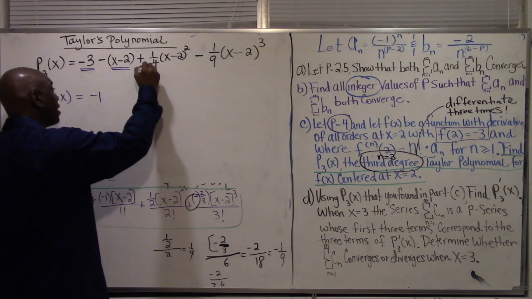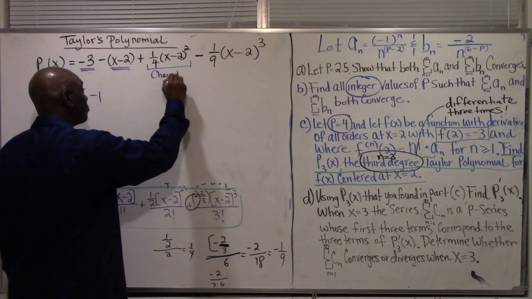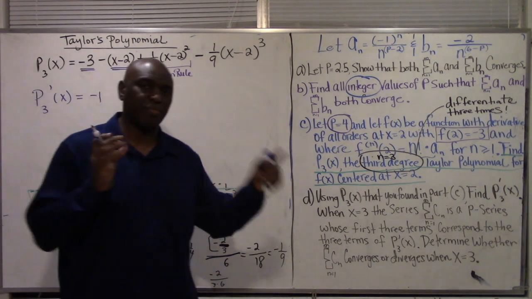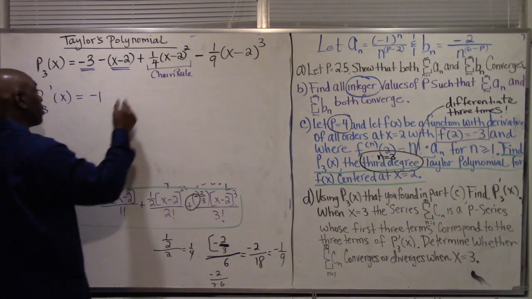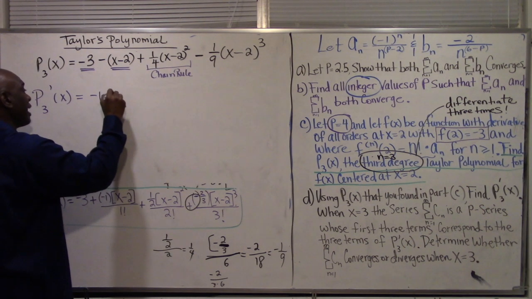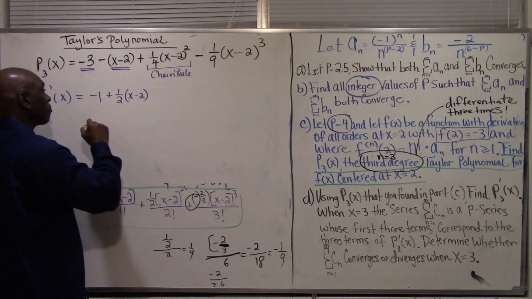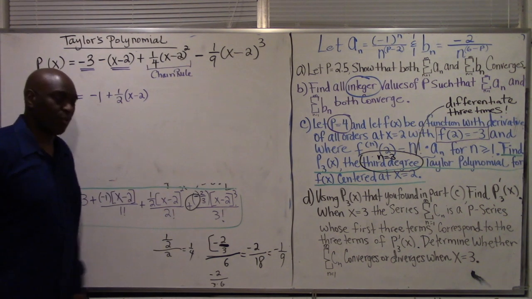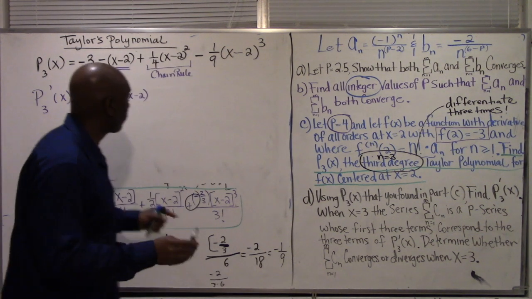Now in this case right here, you have to use the chain rule. The derivative of the outer times the derivative of the inner. In this case, our outer is going to be 2 times 1/4, which is going to be a half, times x minus 2. When you subtract 1 from 2, you get 1. But what's the derivative of the inner? X minus 2 is just 1, so we don't have to write that.